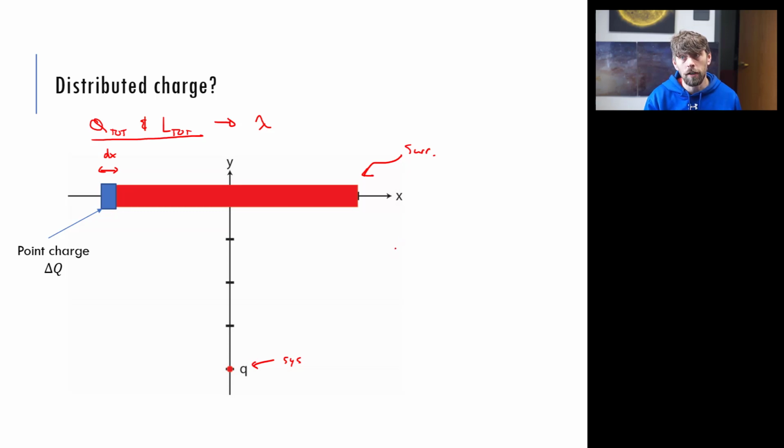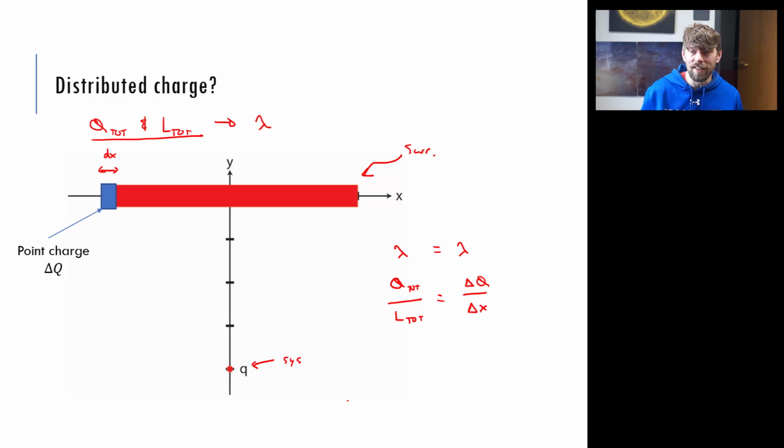So you could think of, I'll start off with, maybe the easiest math equation. Lambda is equal to lambda. But over here, we have Q total divided by the total length. And over here, I have a small chunk, delta Q, and I'm taking a small length of the rod.